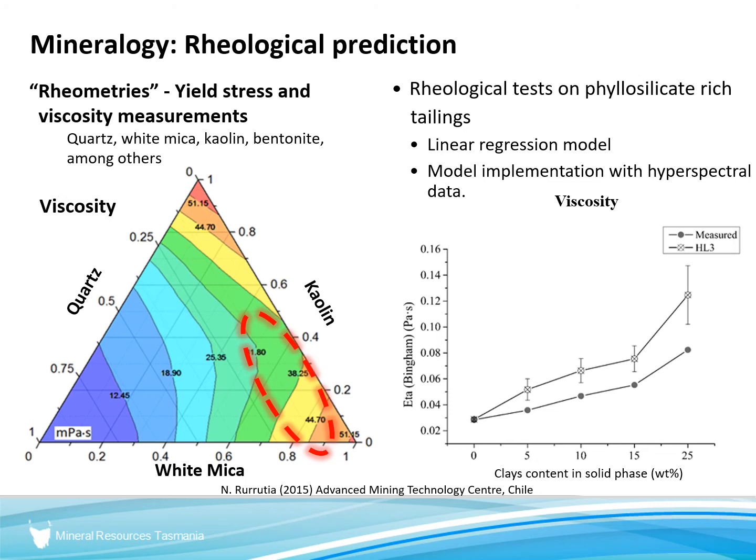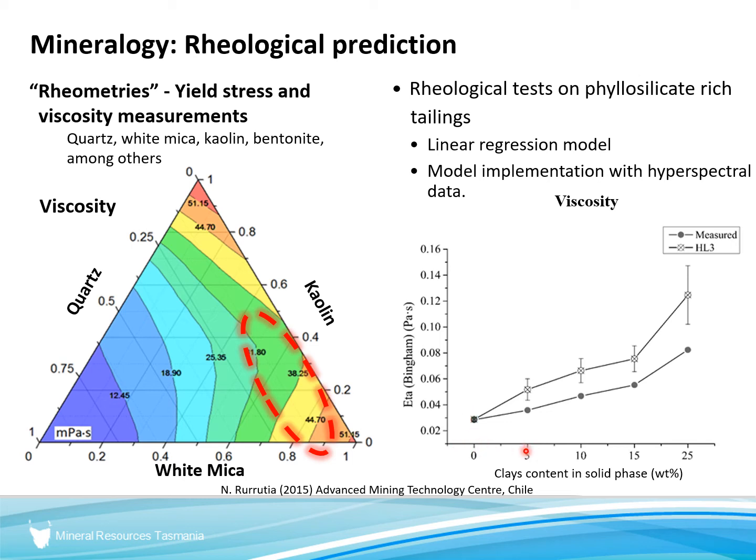Where we have mineralogy contributing to some other feature of interest, in this case viscosity, we can calibrate it if there's a known relationship between the mineralogy, quartz, kaolin, white mica in this case, and the physical property. This can be calibrated so that you can predict the viscosity.